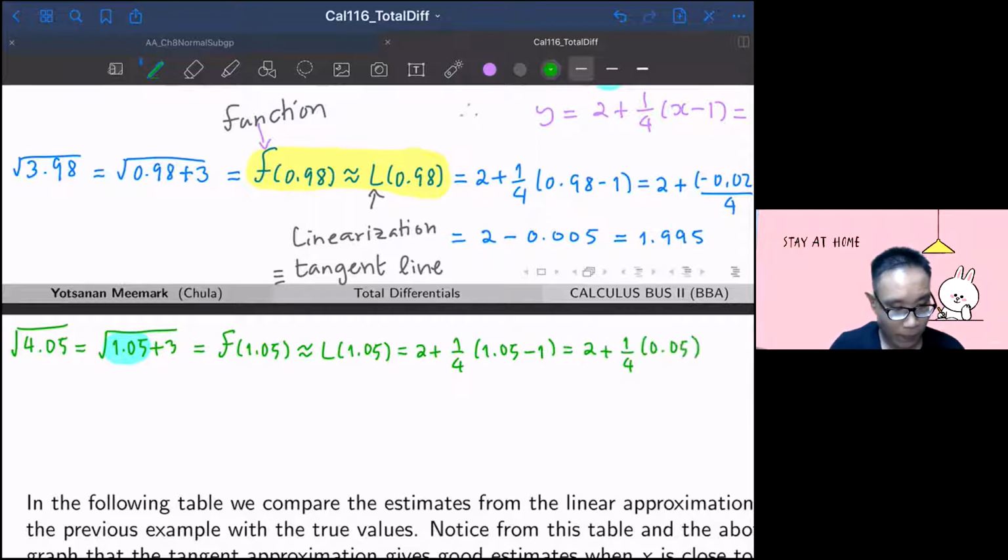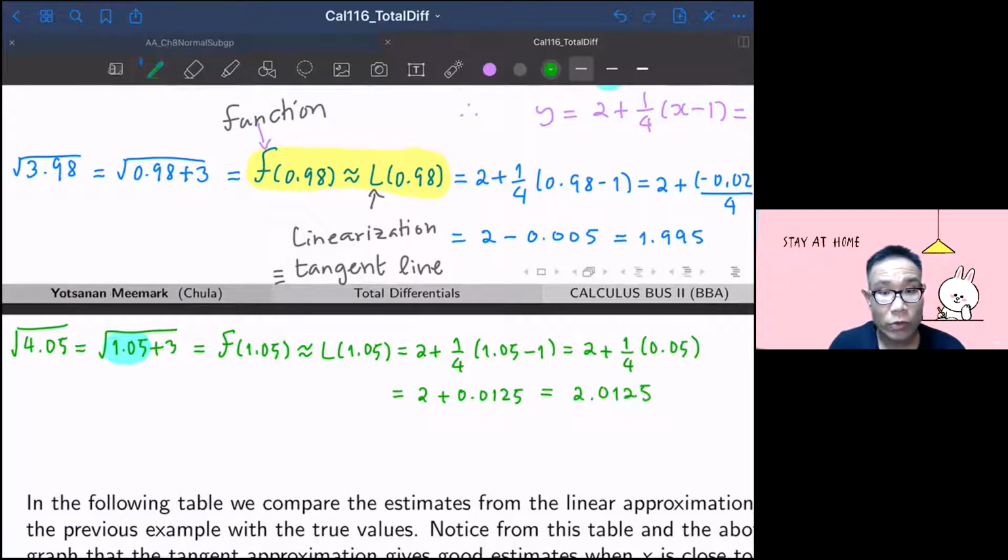So this is 2 plus 1/4 times 0.05. It's going to be 2 plus, and you have 4 this guy is going to be 0.0125, so this will be 2.0125.